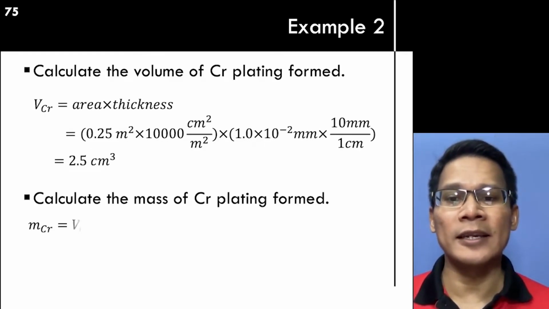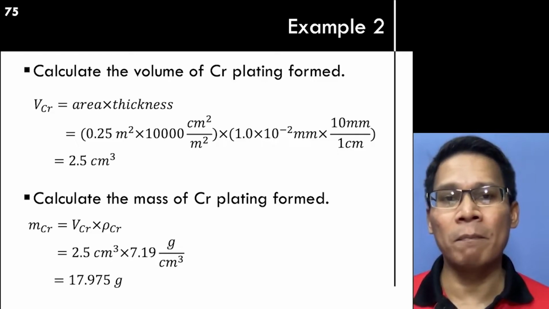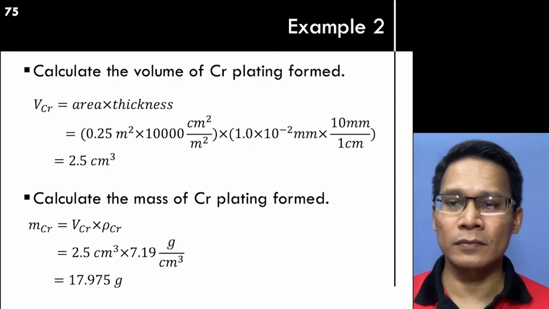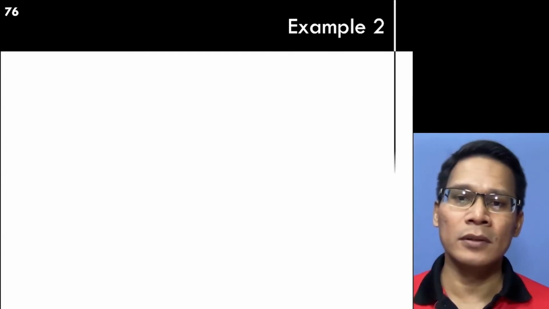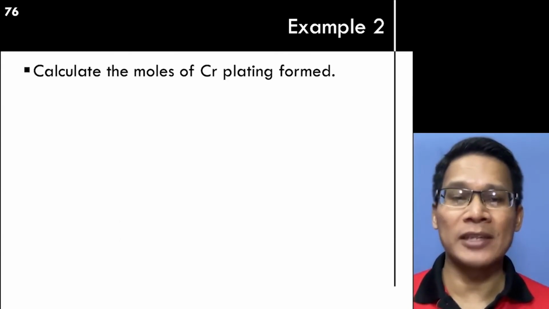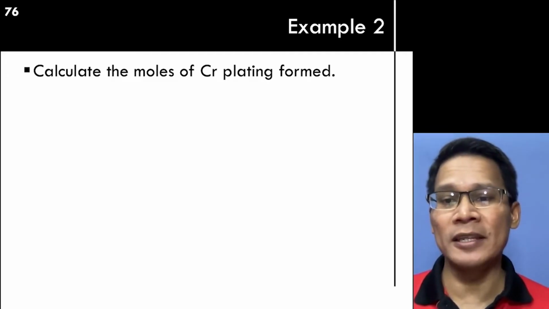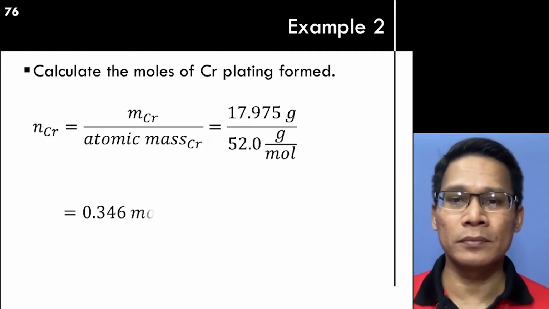We can now calculate the mass of chromium produced by using its density. Using the atomic mass of chromium, the number of moles of chromium produced can be determined as shown.